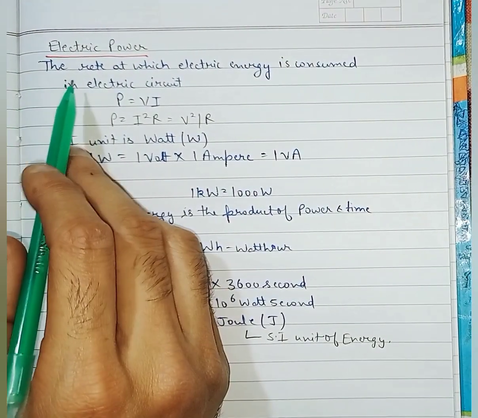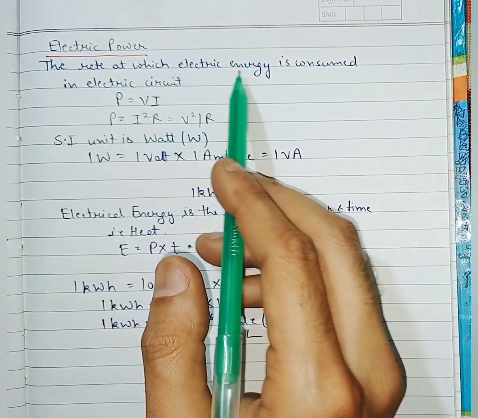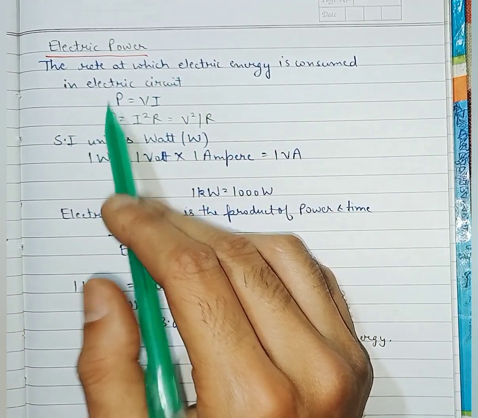Our next point is electric power, the rate at which electric energy is consumed in an electric circuit.